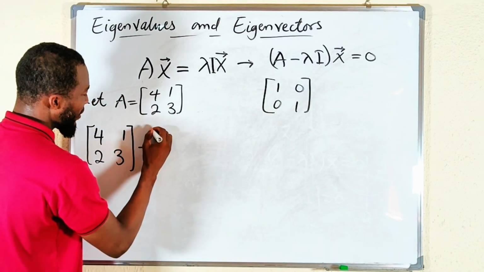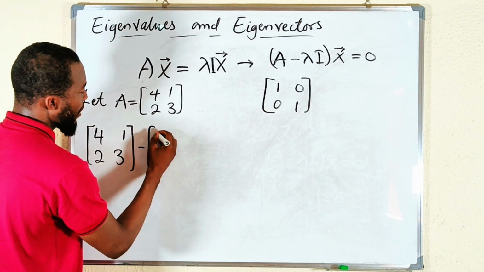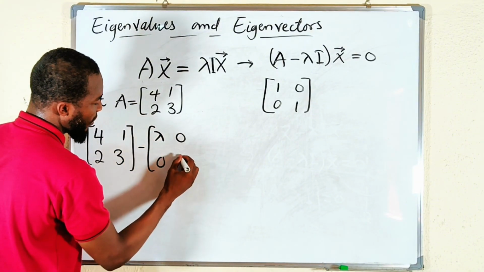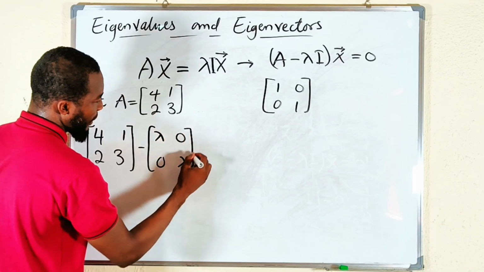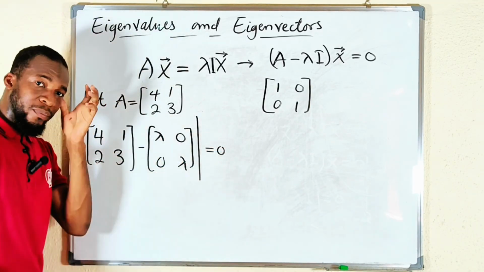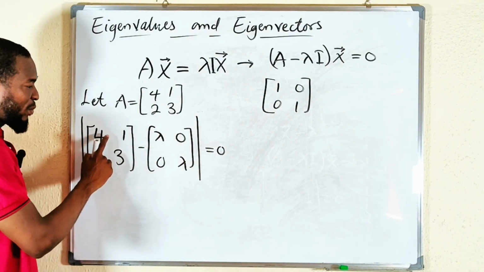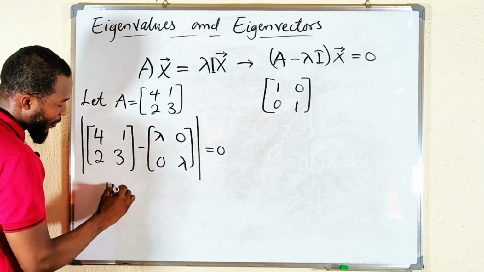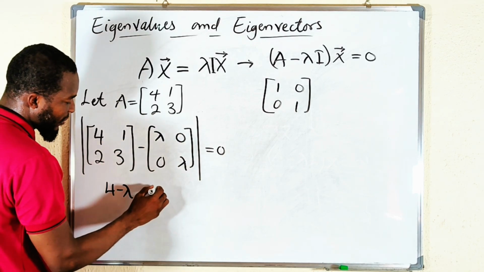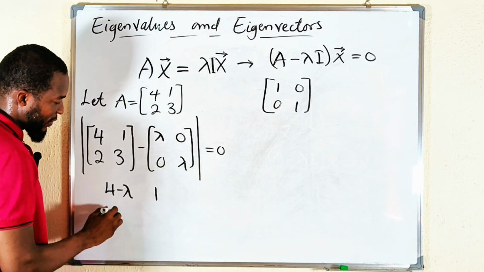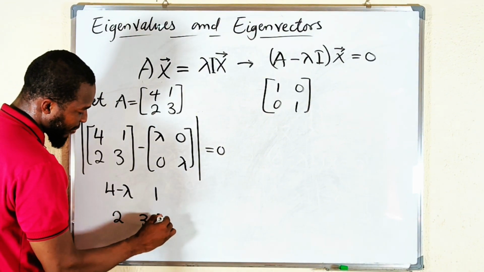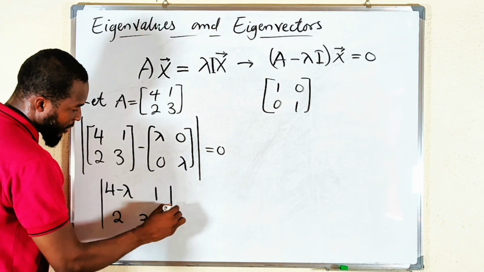So we are subtracting lambda, 0, 0, lambda. Remember, we want to take the determinant of everything here. So let's subtract. This is going to be 4 minus lambda, 1 minus 0 is still 1, 2 minus 0 is 2, and 3 minus lambda. This is equal to 0.